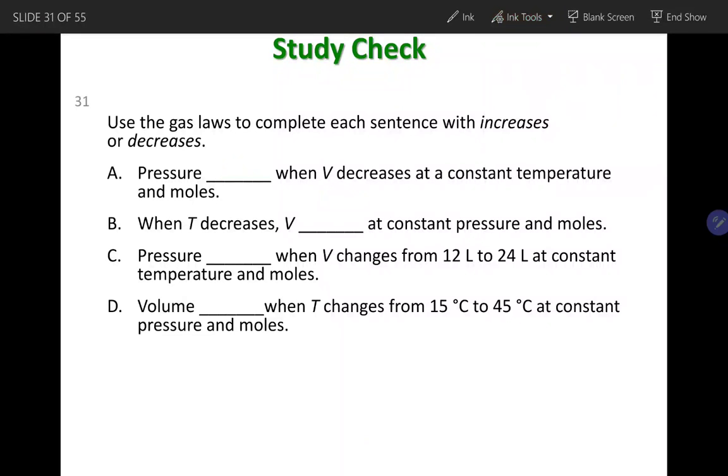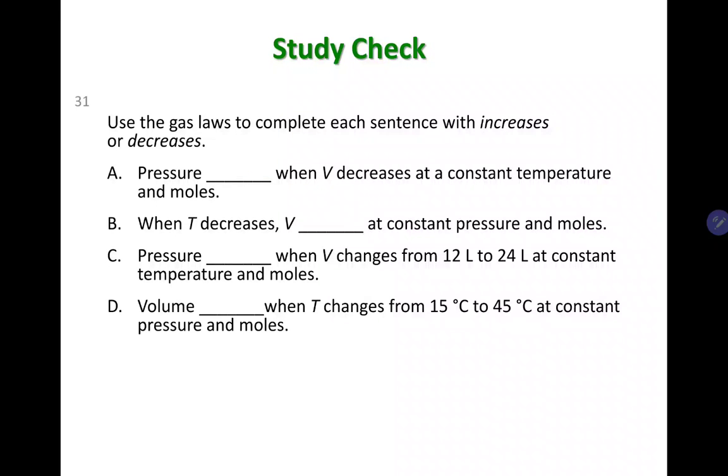In B, you have constant pressure and moles. That means we have to use Charles' law. According to Charles' law, temperature and volume are proportional, so if one increases, the other increases, and vice versa. Here T decreases, so volume should decrease.